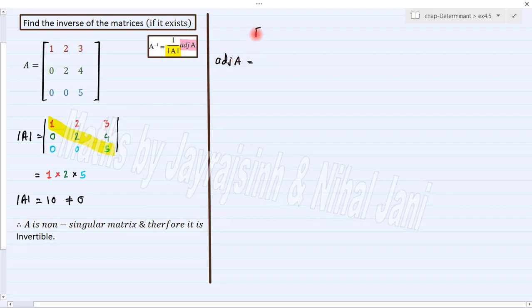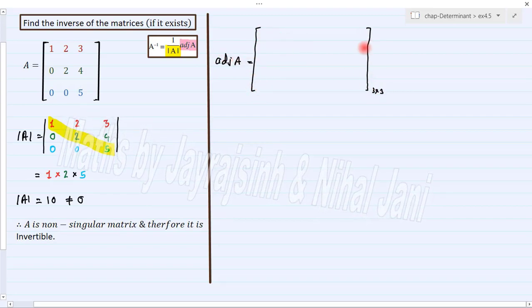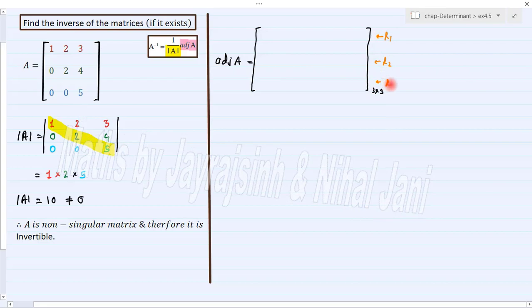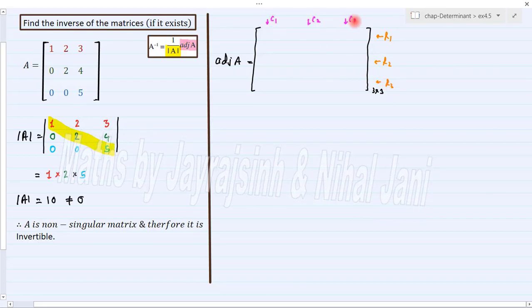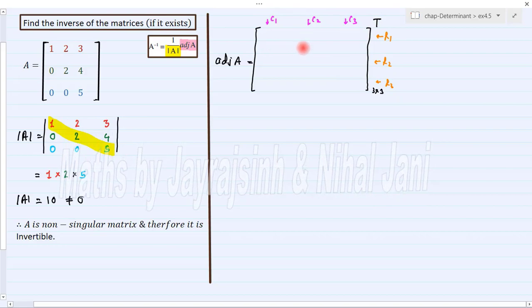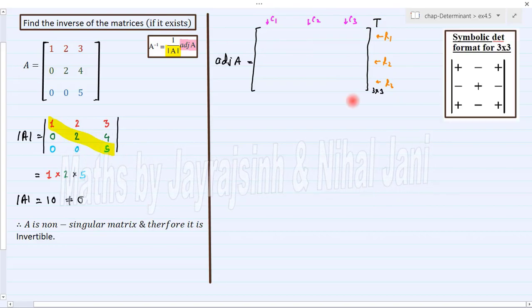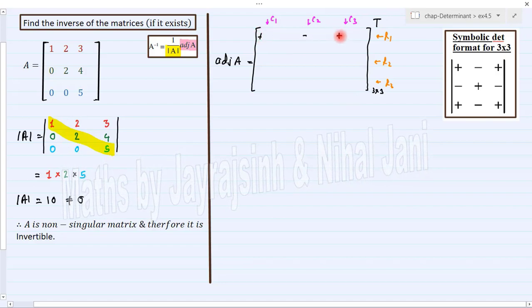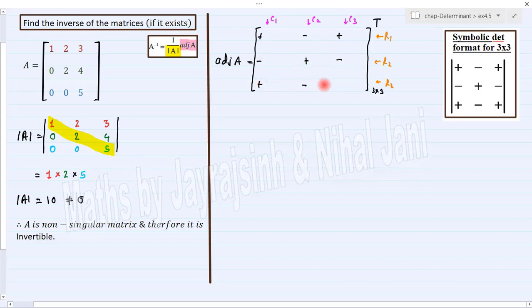So let's find out our second required quantity, which is adjoint of A of order 3 cross 3, which is nothing but transpose of matrix obtained by cofactors. And to obtain cofactor, we are going to need symbolic determinant format, using which we have to place sign of respective elements.